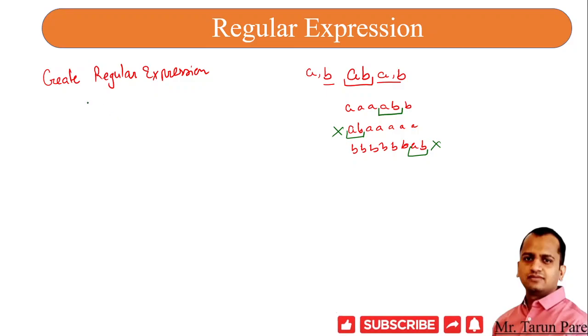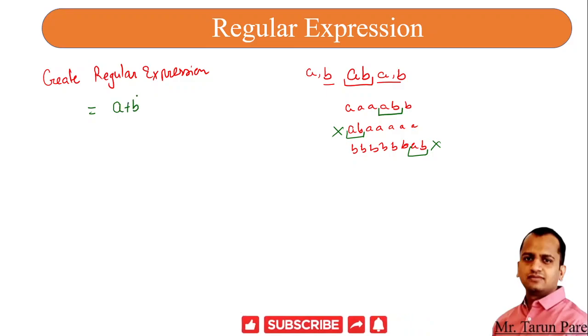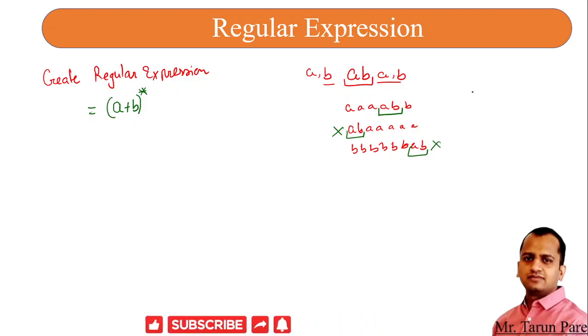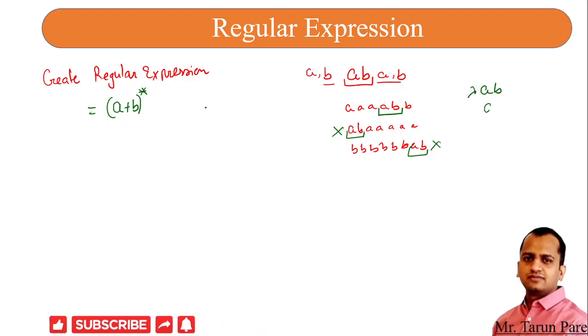So the regular expression for this will be like (a plus b) whole star. This will represent that it starts either with null, okay, and after that there is a combination of a, or a combination of b.